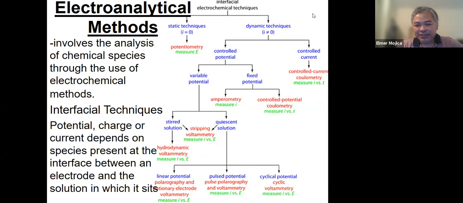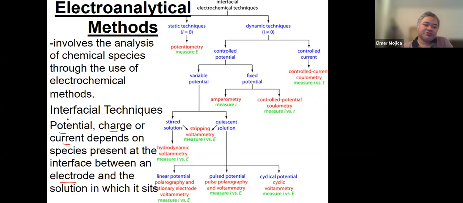So usually, whenever you have an electrochemical method, you have an electrochemical cell and you have electrodes. What you do is look at the interface between the electrode and the solution. It can be potential, charge, or current.